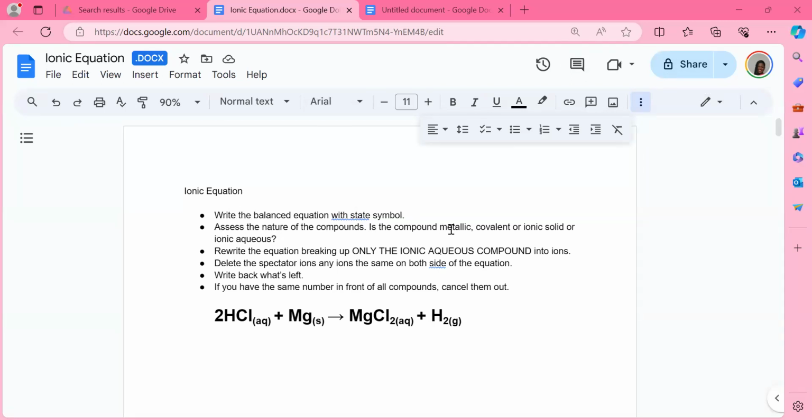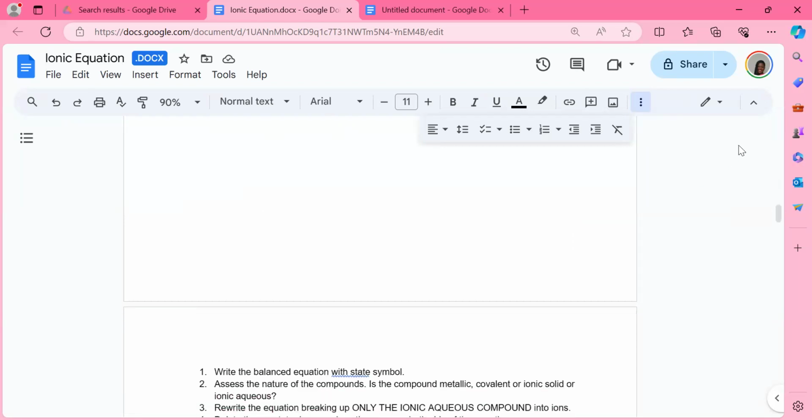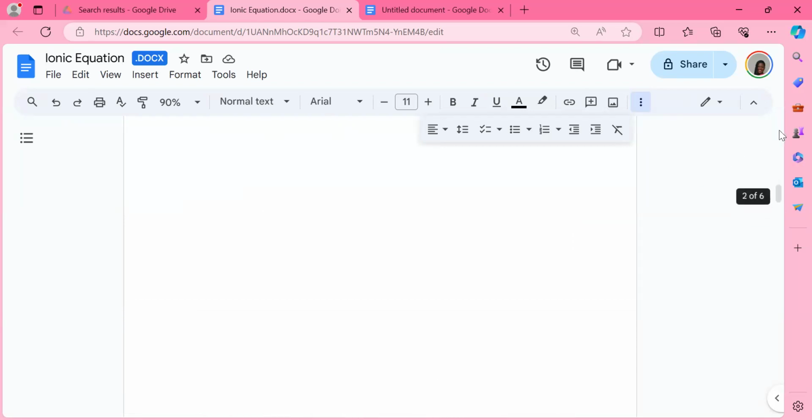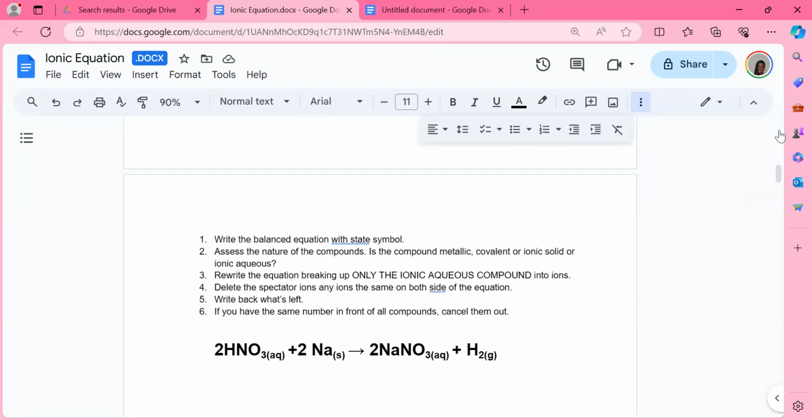Is the compound metallic? Metallic substances are just uncombined metals. Then we assess if the substances are covalent. The covalent substances that we generally are going to be using are water, hydrogen, chlorine, even if it has aqueous.